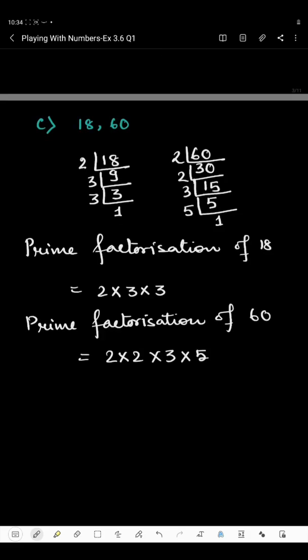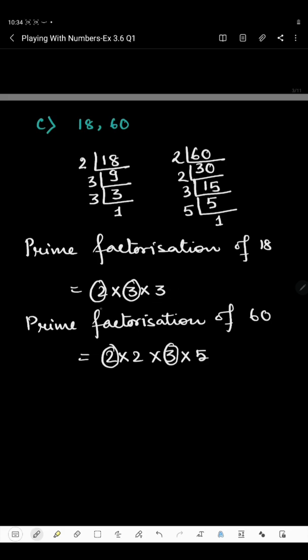Now we will find the common factors here. See, 2 is present as a factor of 18 and 60. So 2 is common, and this 3 is common because this number is present as a factor of 18 and 60. So only 2 and 3, because the second 3 is not a factor of 60, and 5 is also not a factor of 18.